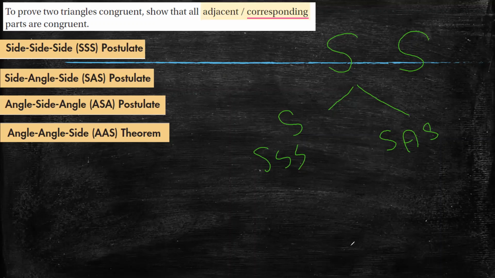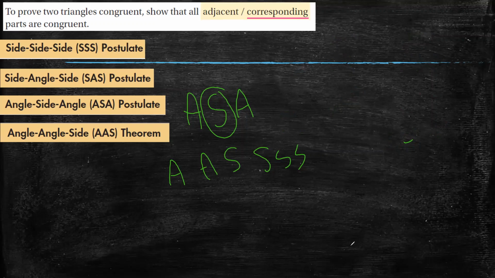The third and the fourth one, as we see here, we have two angles repeated. Not two sides like the first and the second one. Here I say angle, side, angle, or angle, angle, side. The first one, from its name, ASA, means the side must be included between the two angles. And the last one, since S is outside the angles, means I need two angles and a side, but the side is not included.